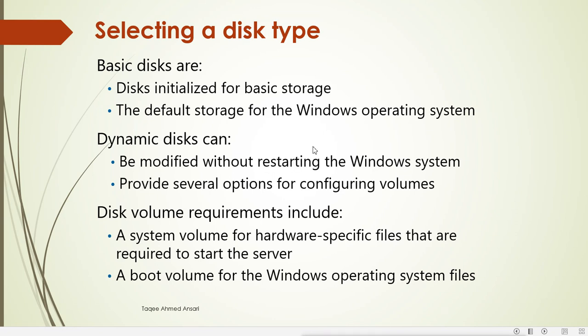You just want to reformat the C drive and reinstall the operating system. You can't do this because it is a dynamic disk. It will say you have to remove all the partitions, not only C drive, you have to remove D drive also, and there is a chance of losing the data. So when you convert it into dynamic, you have to be careful about what it is supporting or not.